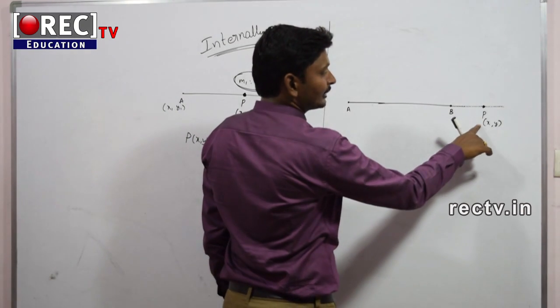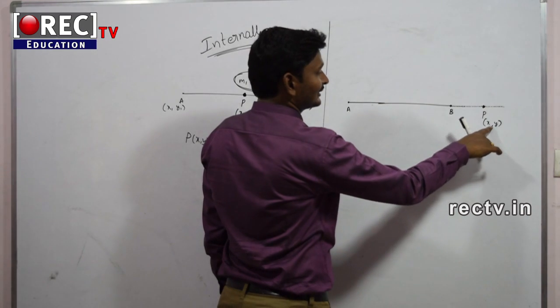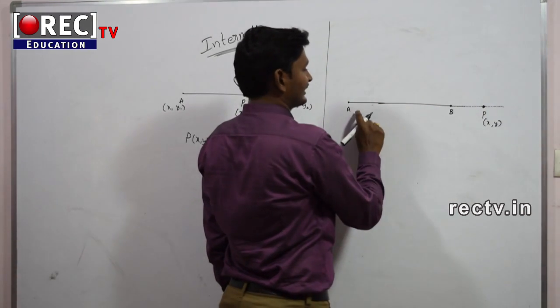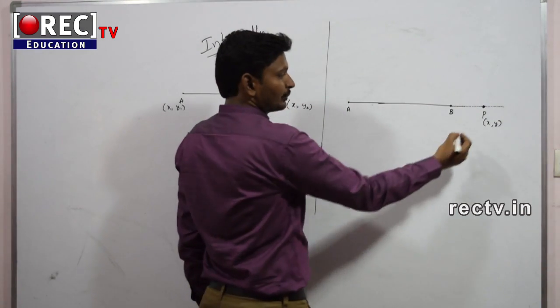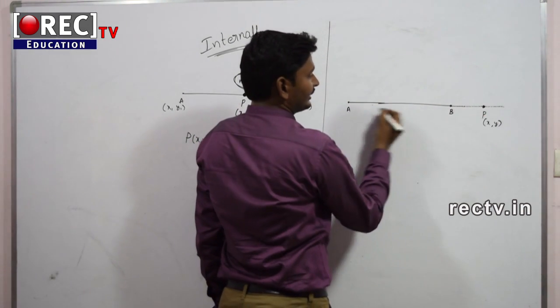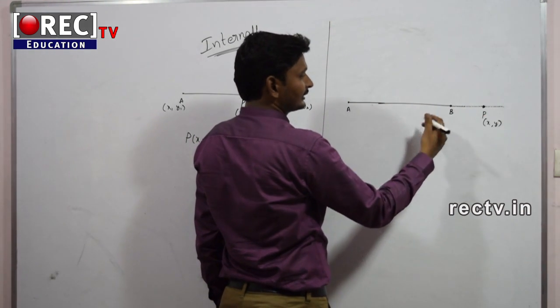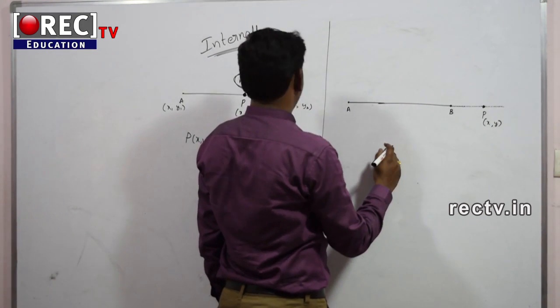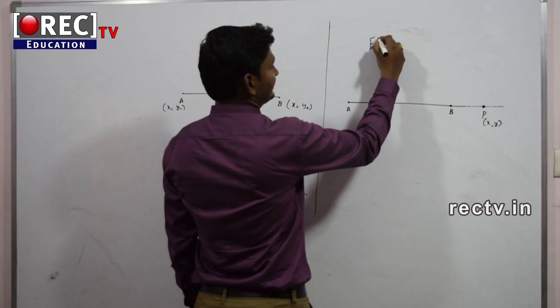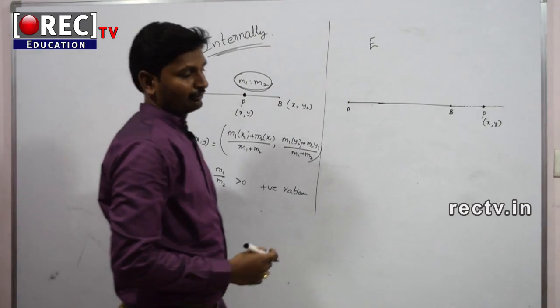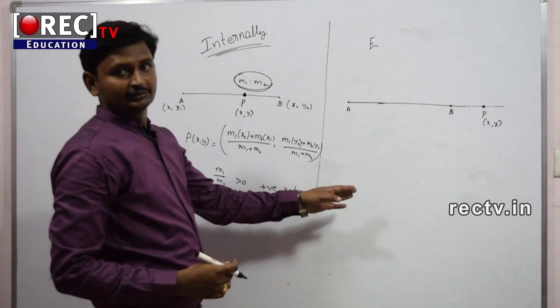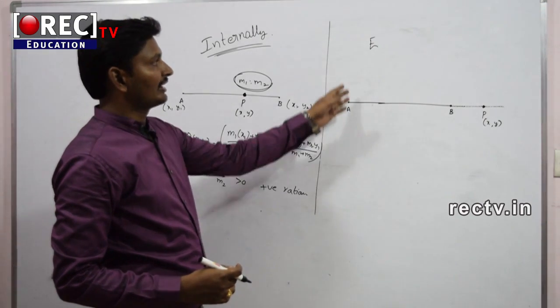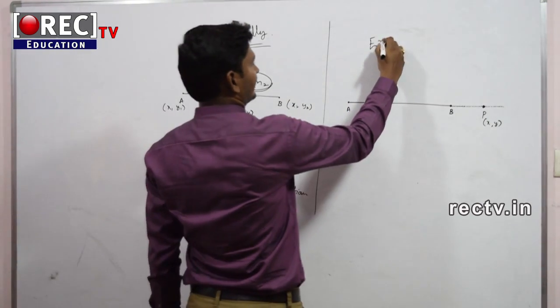That means the point P(x, y) lies on the extended line of the line segment AB, that is, P does not lie in between A and B. It is on the extended part of the line segment AB. In this case the ratio will be negative. If we get a negative ratio, that means the point P divides the line segment AB externally.